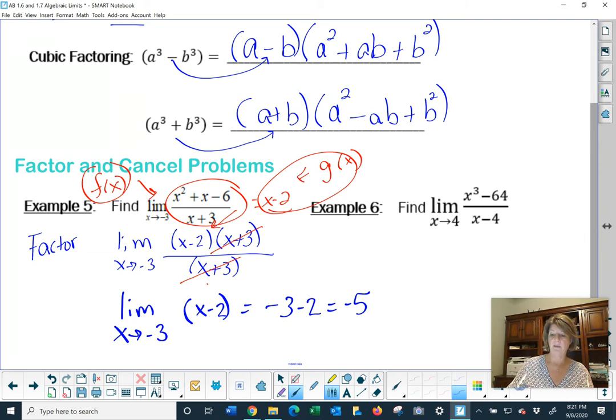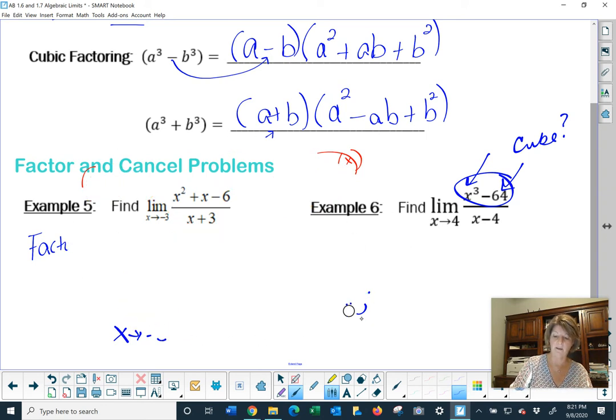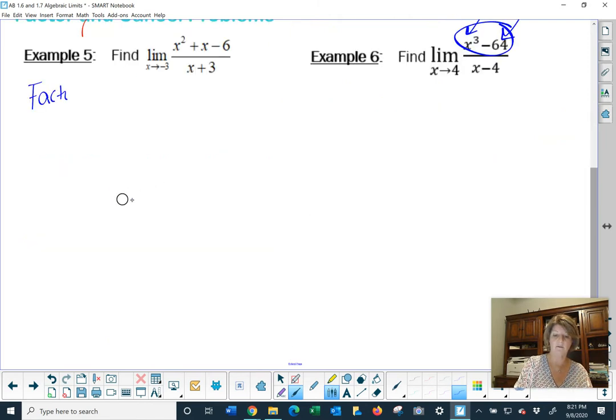Number 6. Well, that cube right here makes me wonder, is this a cube? And yes, of course, 64 is a perfect cube. So we're going to use that difference of cubes factoring to assist us when we factor here. So I am going to have the limit as x approaches 4 of x cubed minus 4 cubed over x minus 4.